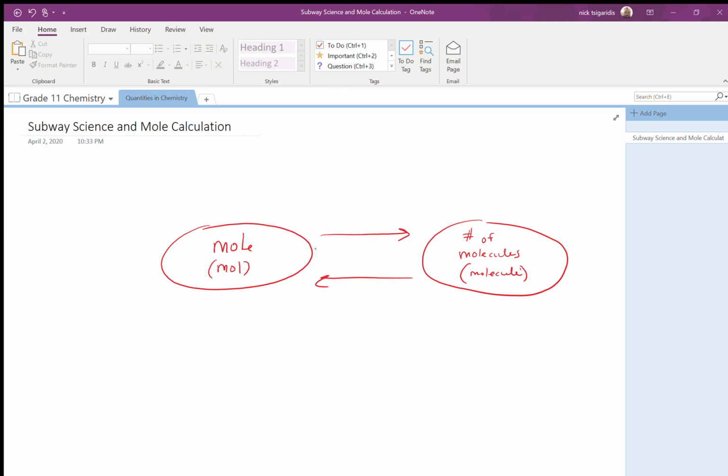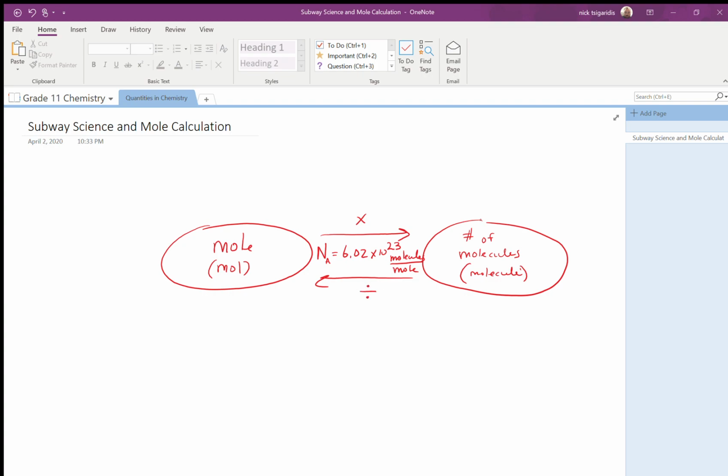Now, Avogadro's number is denoted by a big N with a subscript A, and that's equal to 6.02 times 10 to the power of 23, and this is molecules per mole. And so if I want to go from moles to molecules, I'm going to multiply. And if I want to go from number of molecules to moles, I'm going to divide.